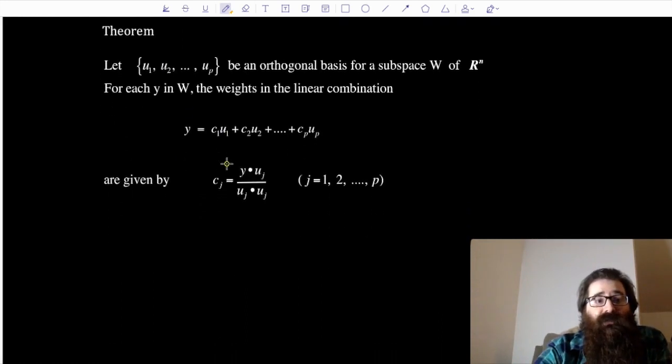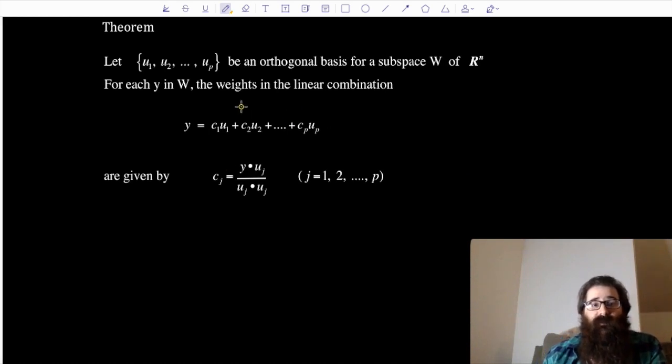It says let u_1, u_2, and so on to u_p be an orthogonal basis for a subspace W of R^n. For each vector y in the subspace W, the weights in the linear combination are as follows. y is a linear combination of all of my orthogonal basis vectors.